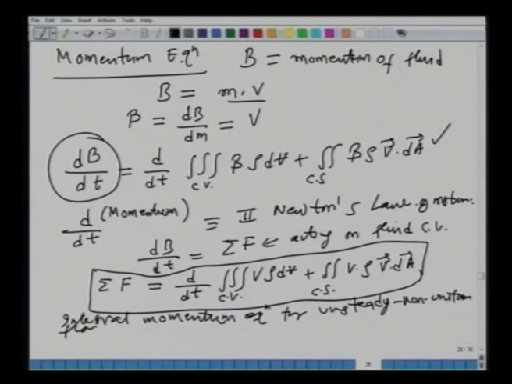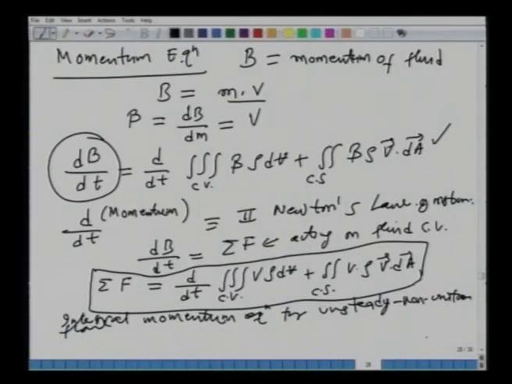All right. What is a non-uniform flow or a uniform flow? Do you understand the difference between uniform flow and non-uniform flow? Yes, a uniform flow is something in which things are not varying with respect to space, and in a non-uniform flow the velocity and other parameters will be varying with respect to space.